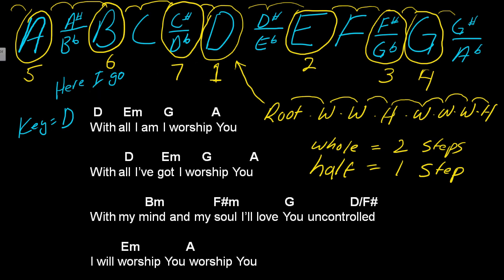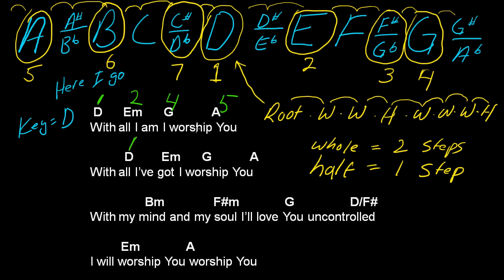Use a different color. So this chord is number 1. E minor, 2, and that's right, E needs to be a minor, so that's 2. G is a number 4. A is number 5. D, number 1.